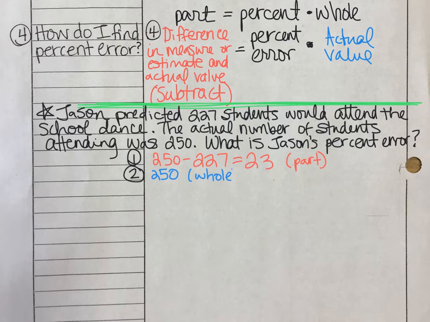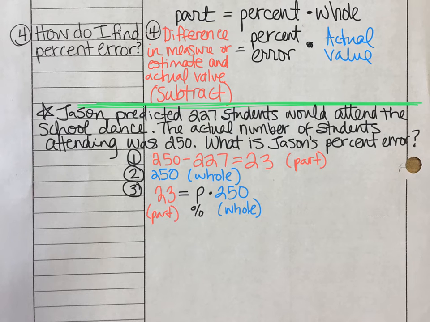So this number represents our whole. And then step 3, we need to set up and solve our percent error equation. So 23 is our part, and that is equal to our percent times 250, which represents our whole.